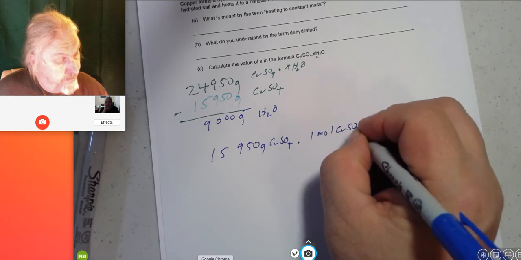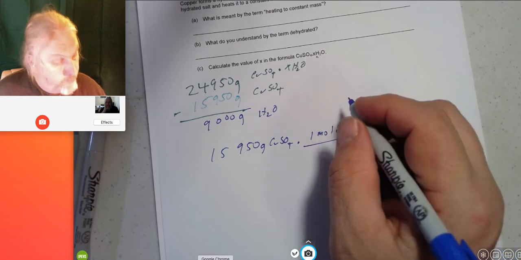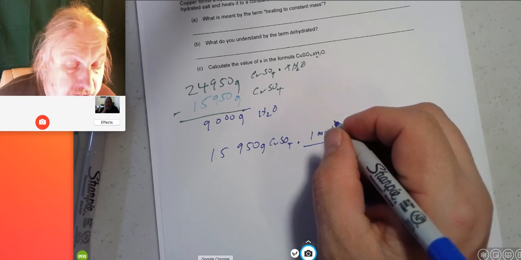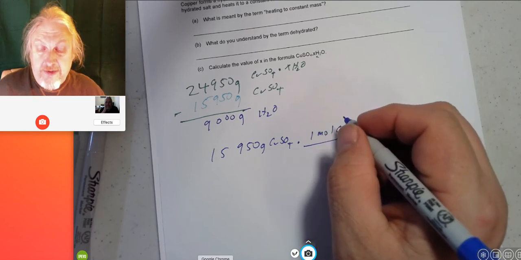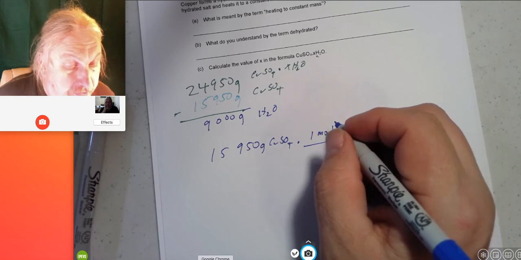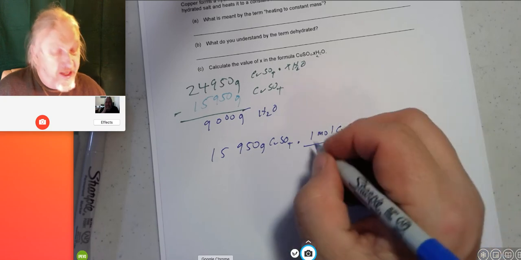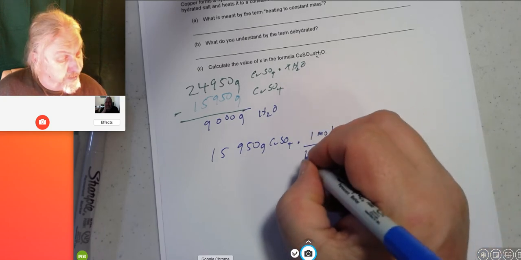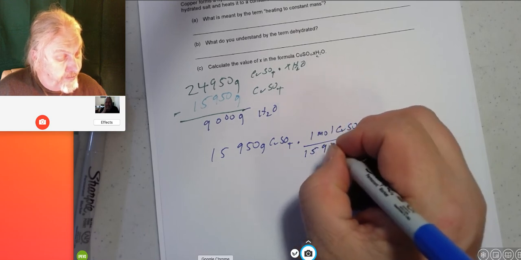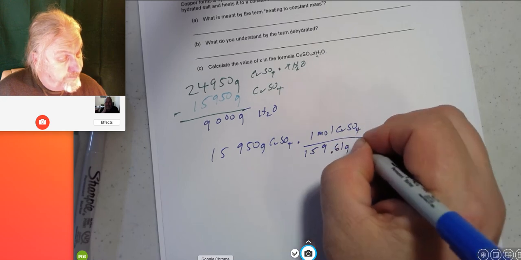If I add in the mass of 1 copper, which is 63.55 grams, plus the mass of 1 sulfur, 32.06, plus 4 oxygens, 4 times 16, I come up with a molar mass, gram molecular weight, of 159.61 grams CuSO4.